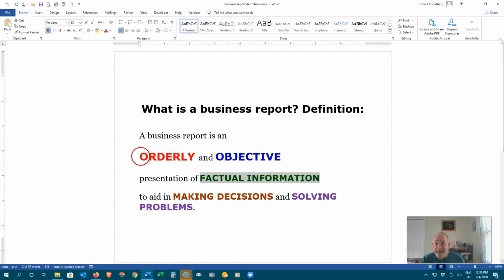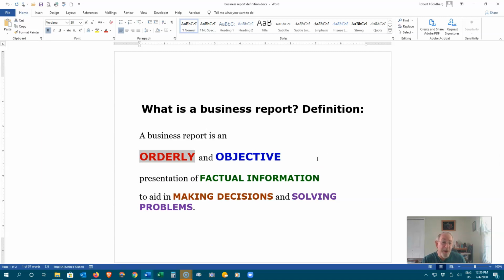Now, let's talk about the starting point of our definition. A business report is orderly and objective. What does orderly mean?